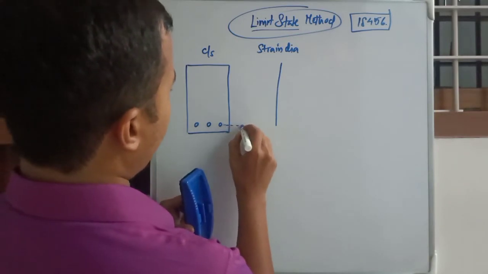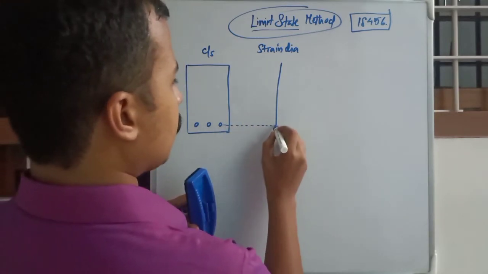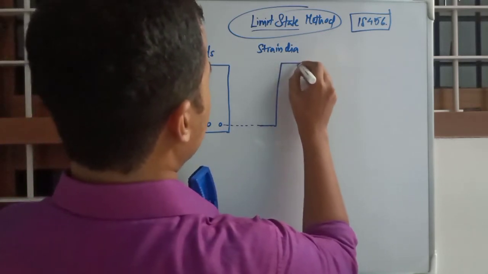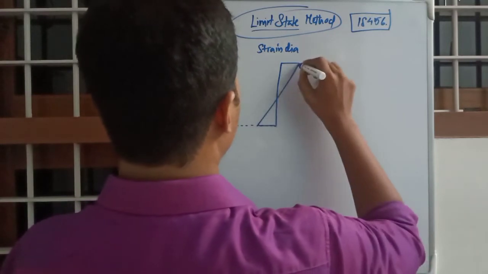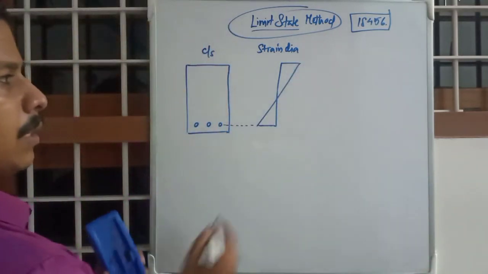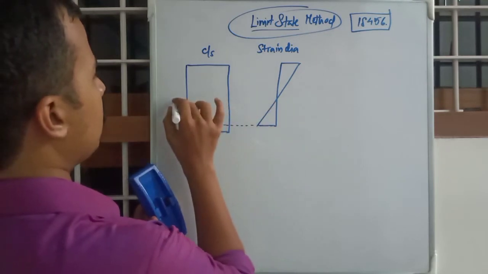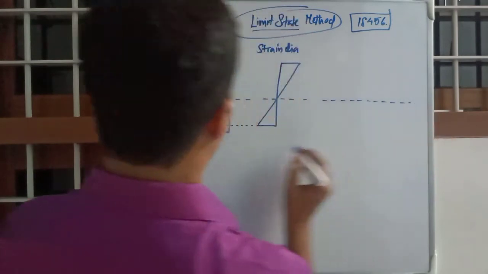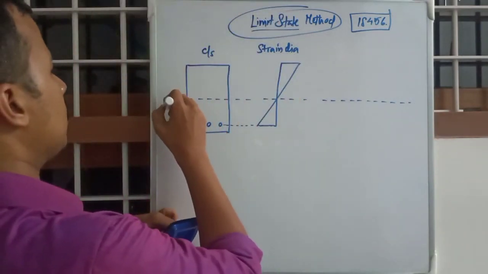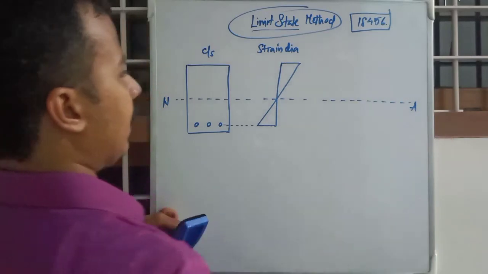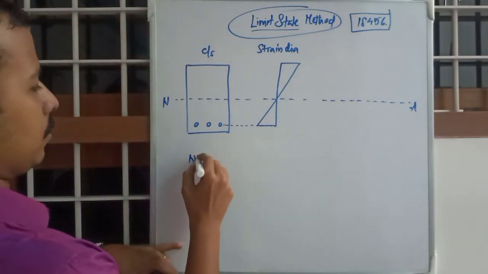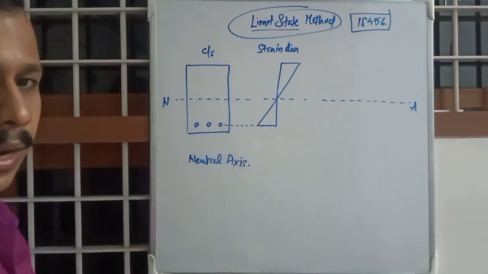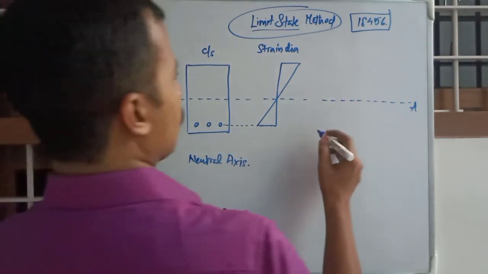It will be at the midpoint from here, somewhat like this. This joining point, we will extend this line to the end, and this line is known as the neutral axis.